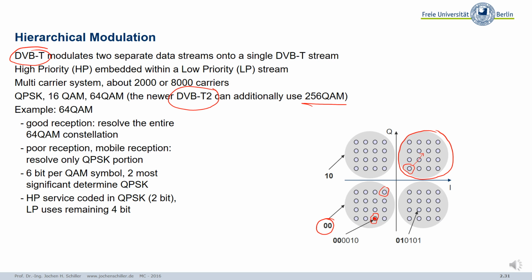So HD is possible with the new DVB-T2, which means new receivers for all classical TV using this digital terrestrial video broadcasting. Okay, so that's one way of doing this modulation in a kind of hierarchic way.